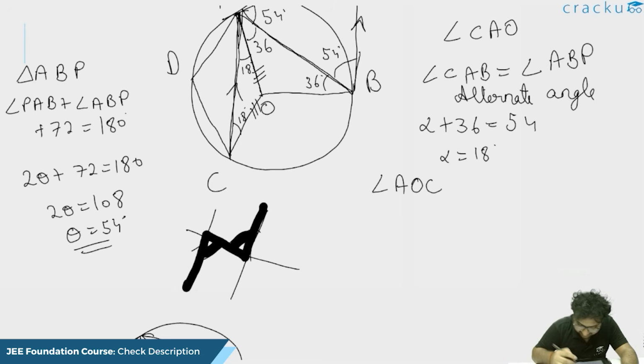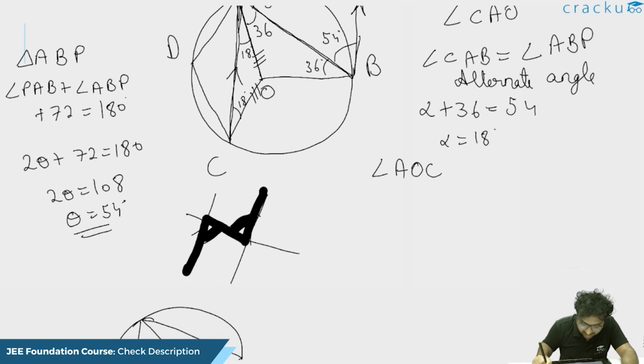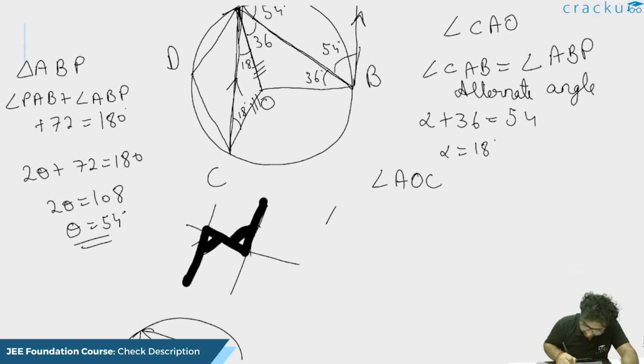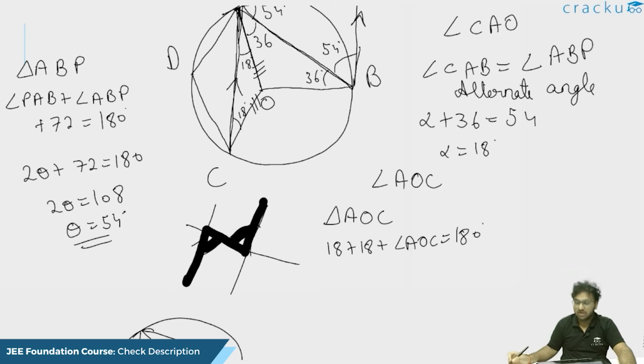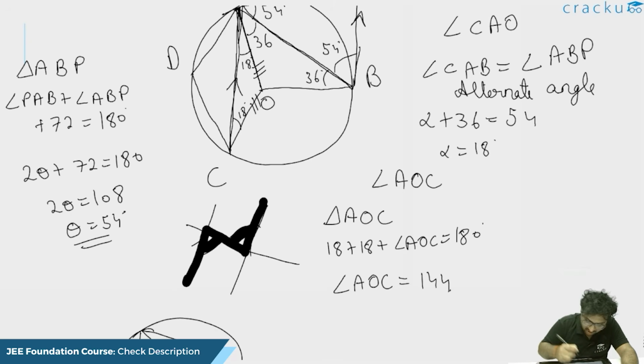See, in the triangle AOC, 18 plus 18 plus angle AOC is equal to 180 degrees. So from here we get angle AOC is equal to 180 minus 36, which is 144. So this angle is 144.